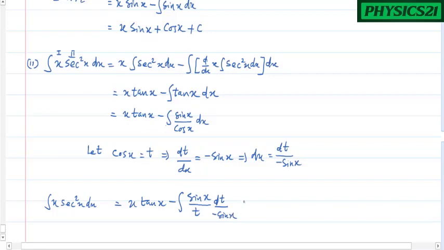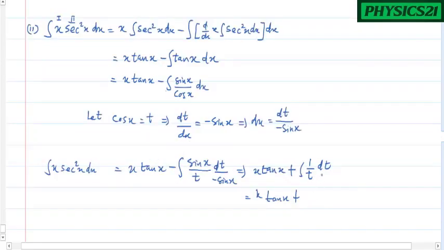The next step, it is x tan x minus, here sin x cancels out, and this negative and this negative will be positive, integration of 1 by t plus, now the integral of 1 by t with respect to t is log t, written as ln t plus c.